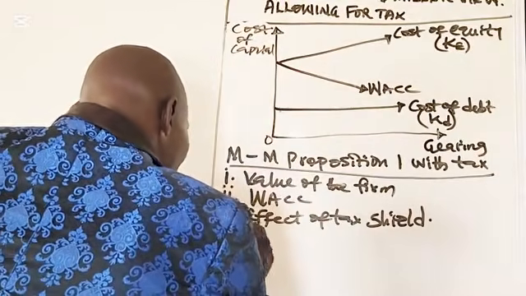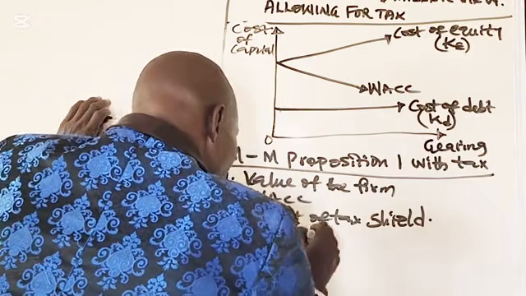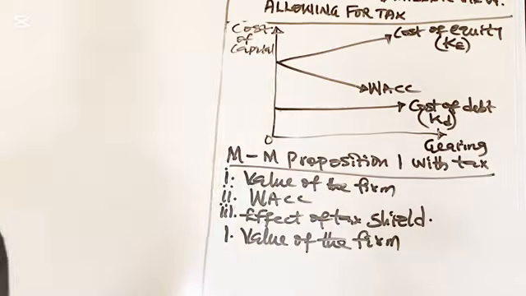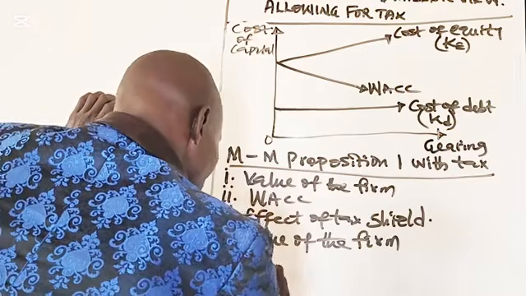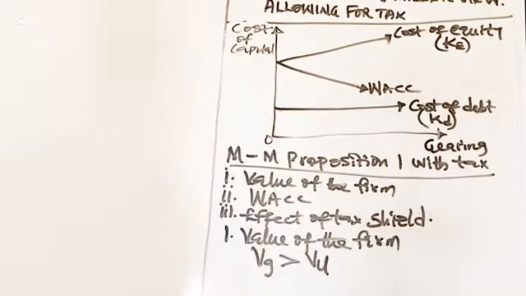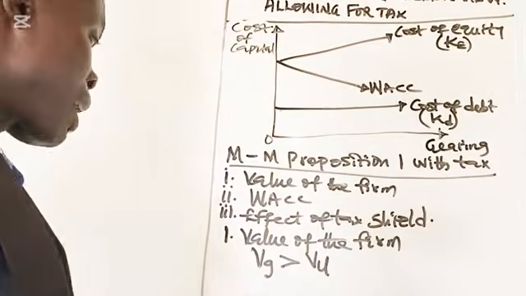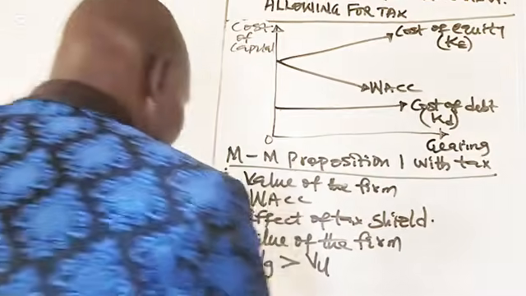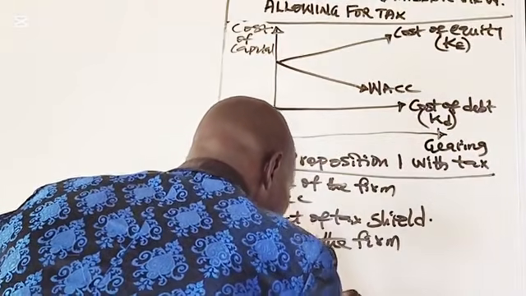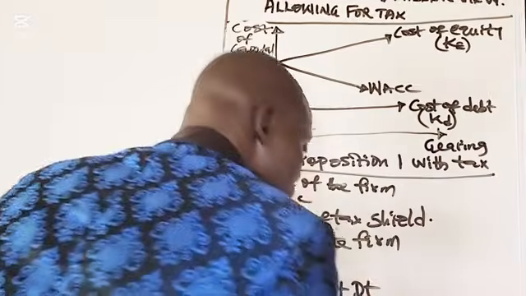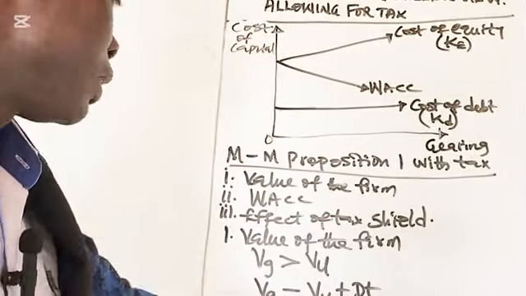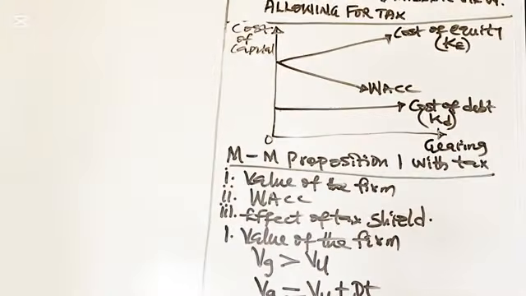The formula for calculating the value of a geared company is: value of geared equals value of ungeared plus DT.